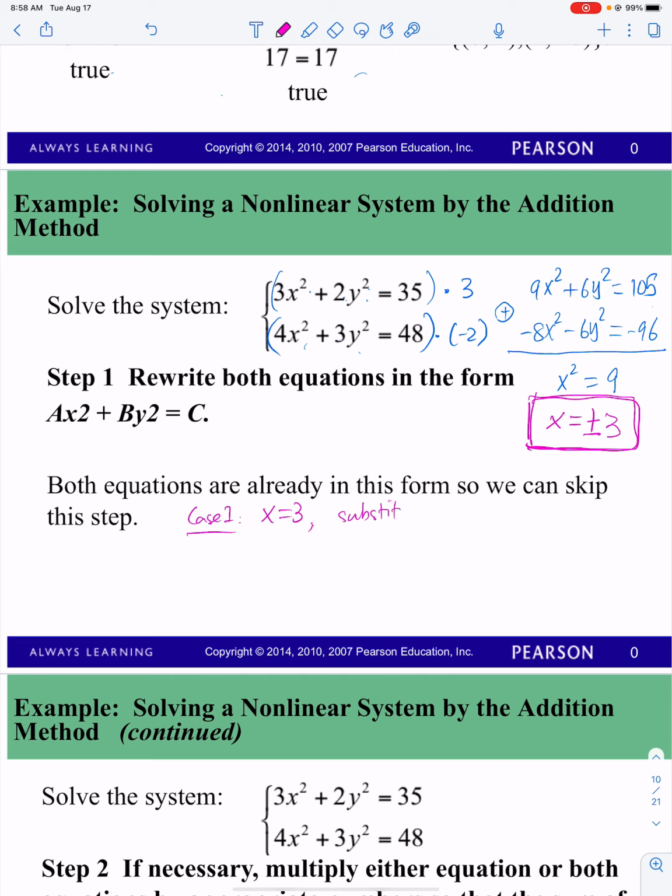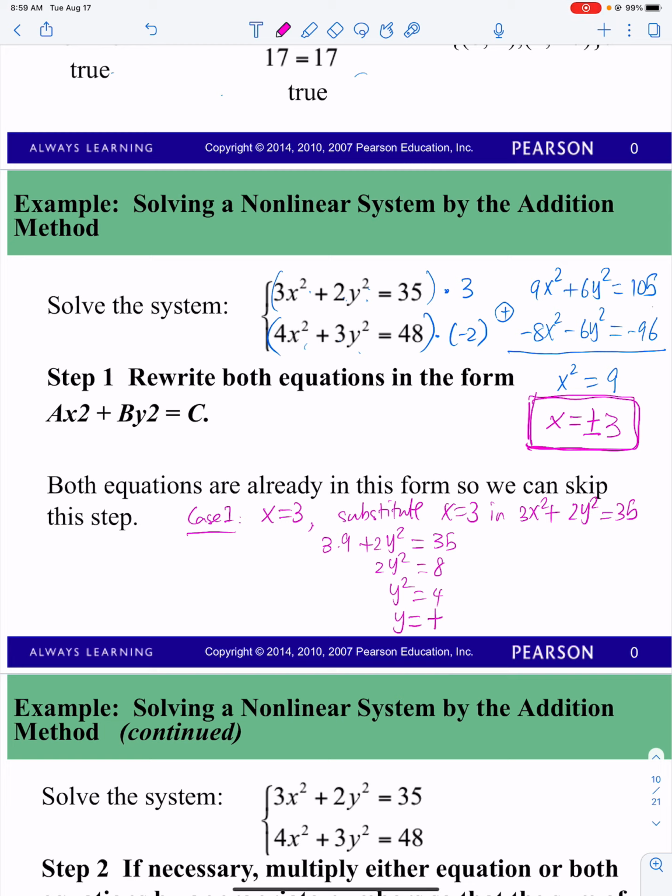Substitute x equal to 3 into 3x squared plus 2y squared equal to 35. So what do we have? 3 times 3 squared, that is 27, plus 2y squared equal to 35. You with me? 2y squared equal to 8, y squared equal to 4. So what is y again?